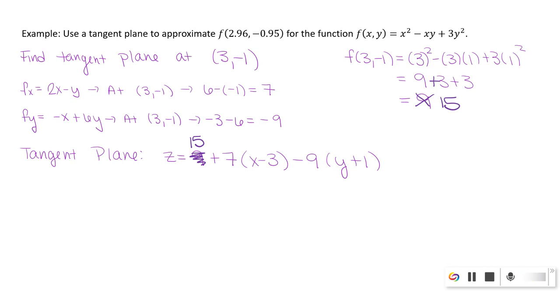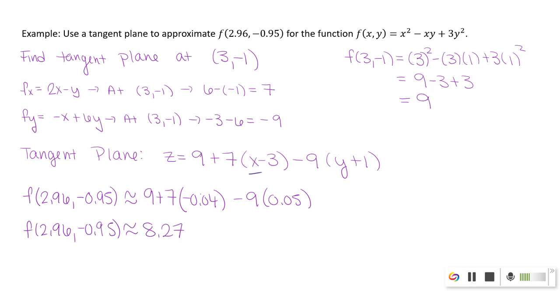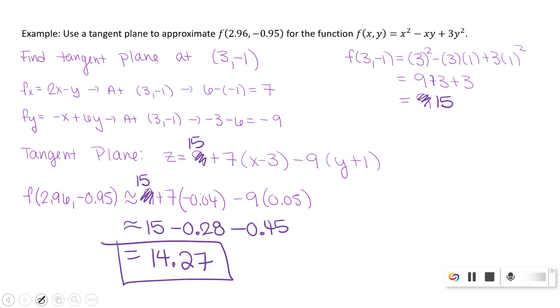And then to finish this problem, if we want to use this tangent plane to approximate my function at (2.96, -0.95), we're just going to plug those numbers into our tangent plane equation. So I went ahead, I took 2.96, plugged that in for x.